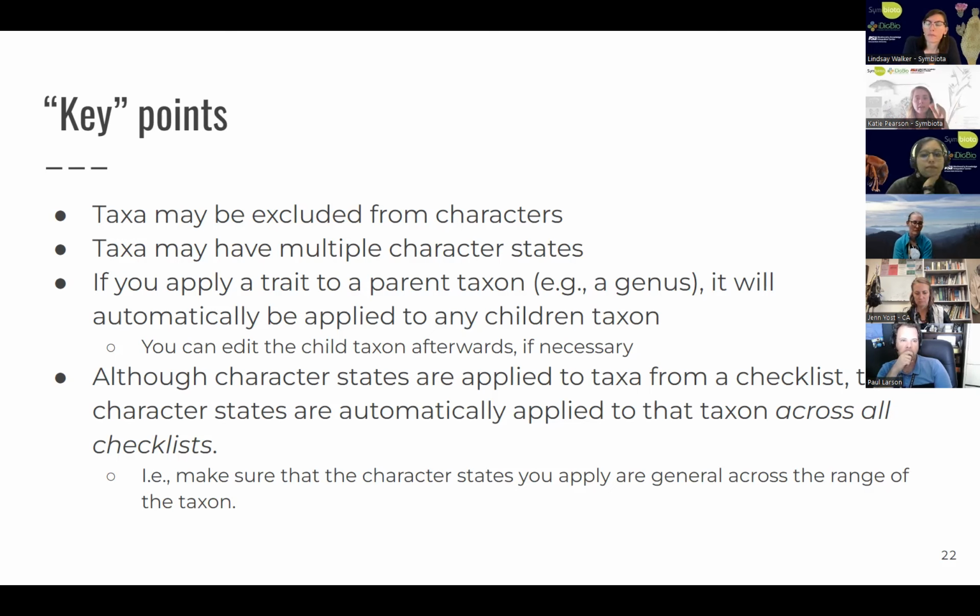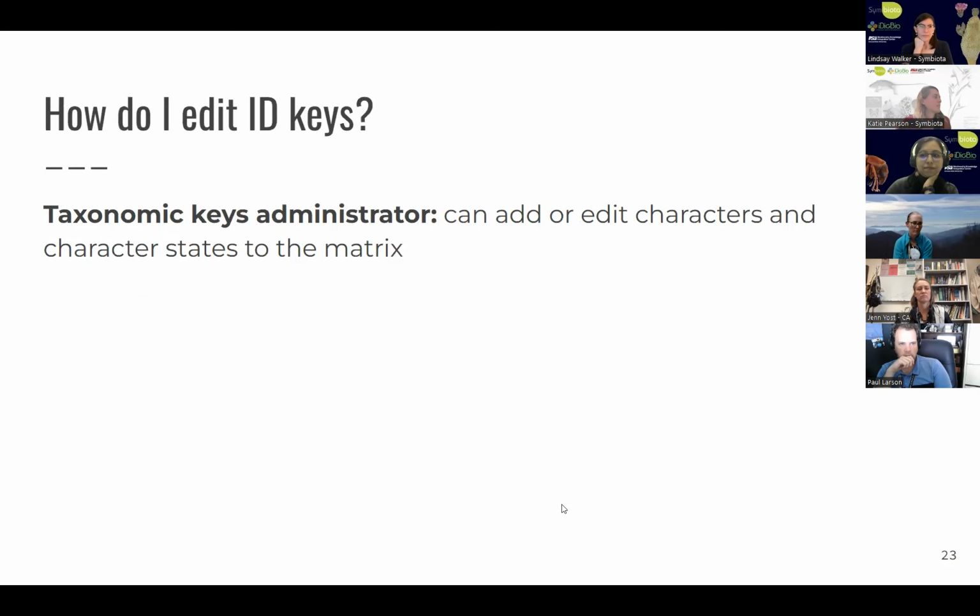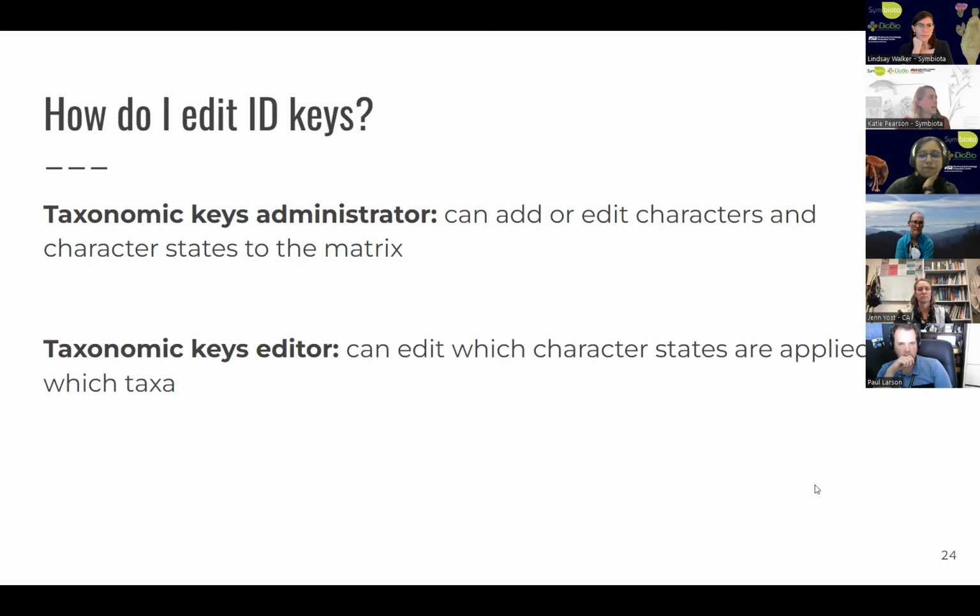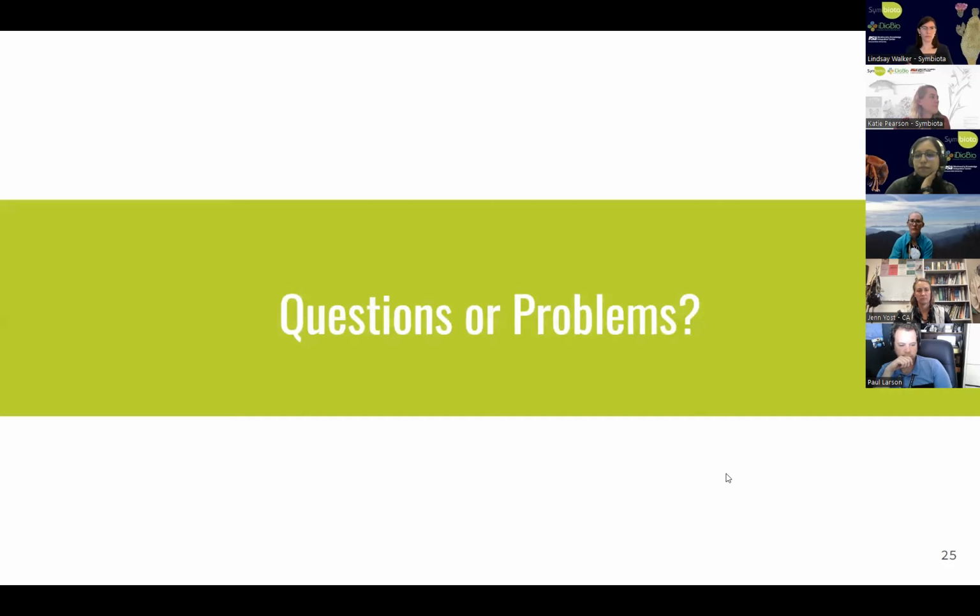And if they're not, then just do multiple options from those character states, because I know that does happen in at least plants, where maybe they're bigger or smaller in certain regions. So you want to account for that. Again, if you're an administrator, you can edit and add characters. And if you are an editor, you can edit which character states are applied to which taxa.